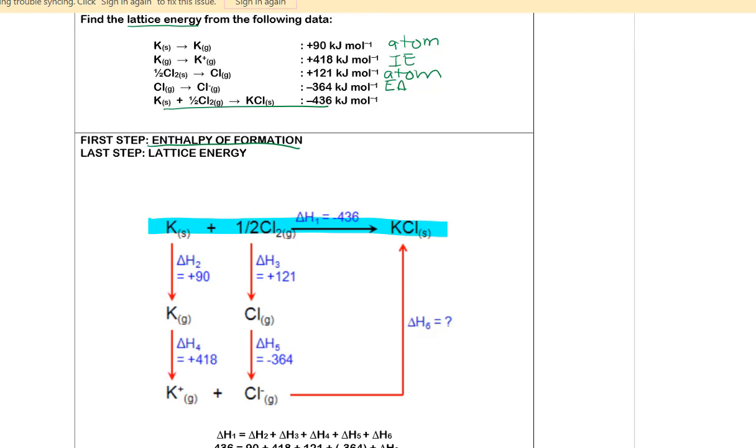Okay, so in exam, when you write down the value delta H, you need to write down the unit as kilojoule only. Okay, so we start off with formation, and then we need to atomize potassium K, and we also need to atomize chlorine. So atomization for K, atomization for chlorine.